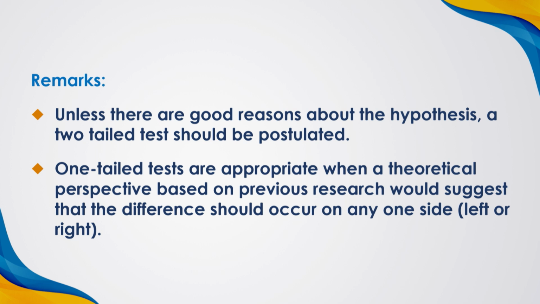One-tailed tests are appropriate when a theoretical perspective based on previous research would suggest that the difference should occur on any one side, left or right. Therefore, if you have previous experience, then you can very well fix one-tail test. If you have no experience or no knowledge what will happen, whether positive or negative, then in that case you must go for two-tail test.